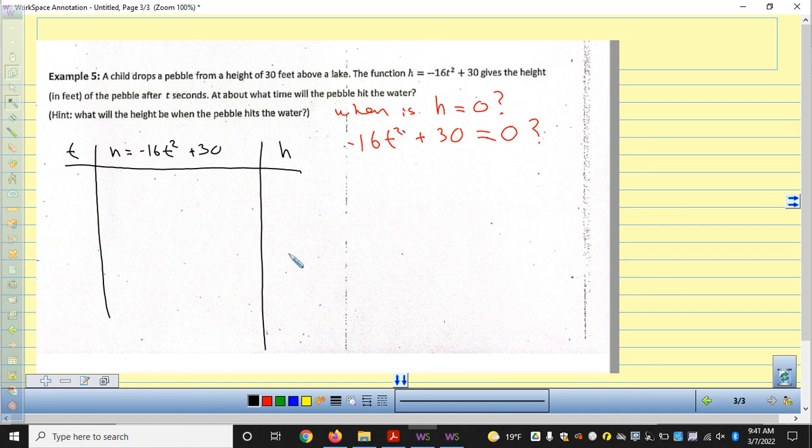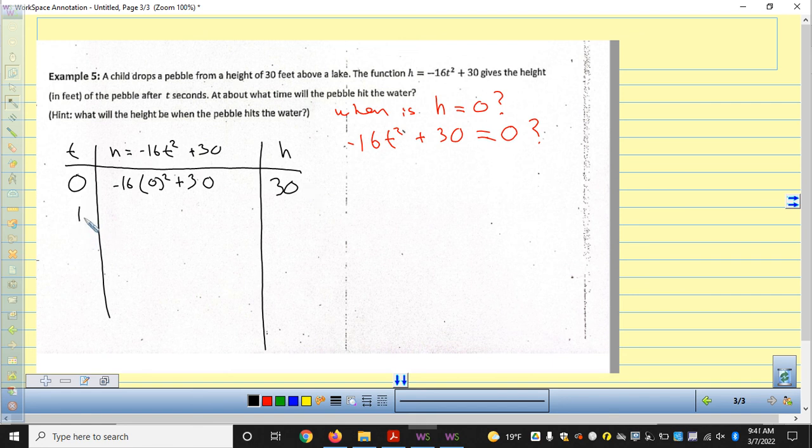We're going to say that when we let go of the pebble, time equals 0. So at time equals 0, what should our height be? When we're starting? 30. It should be 30. Well, let's plug in 0 here. Negative 16 times 0 squared plus 30. Well, 0 squared is 0 times 16. We get 30. That's good, just like we expect.